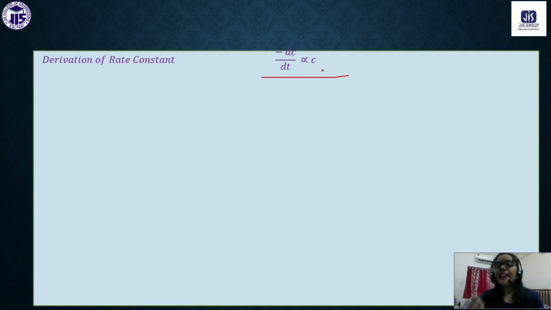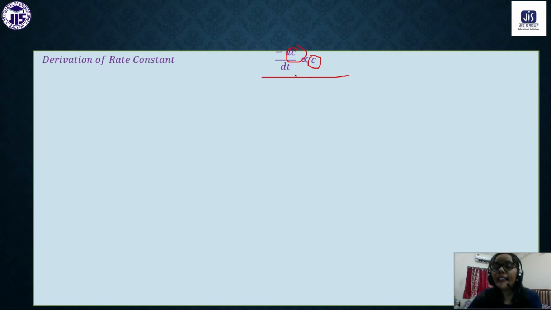What is C? C is the concentration of oxygen at time t. So dC by dt is the change of concentration of oxygen with respect to time.